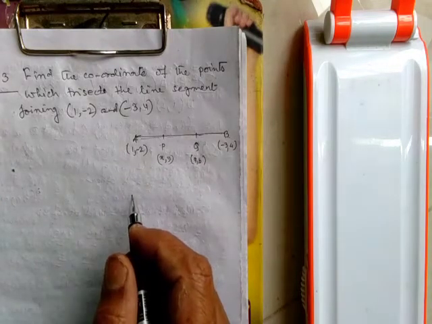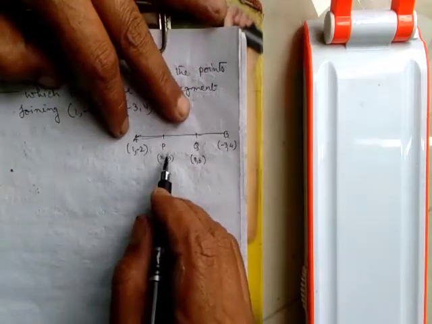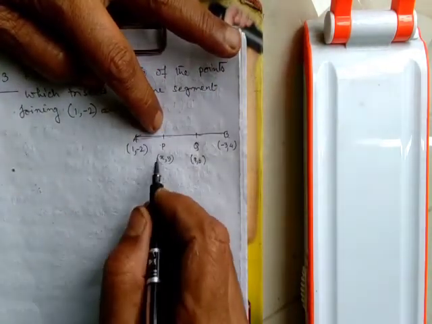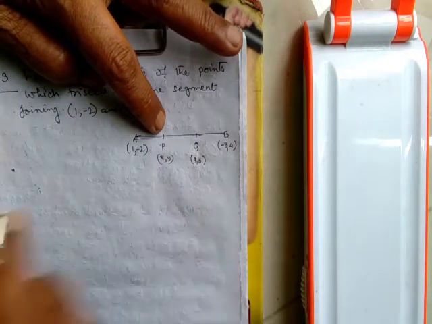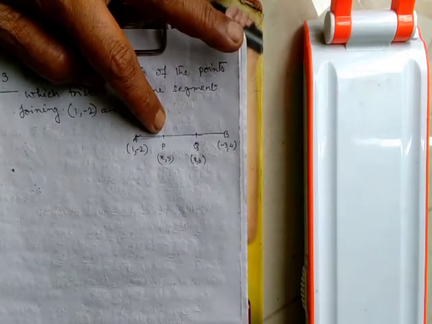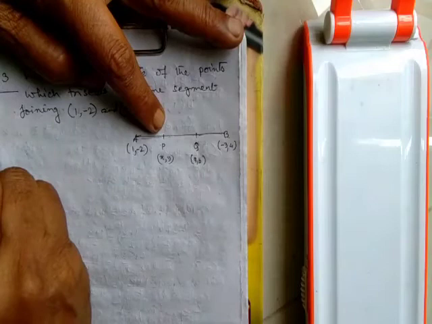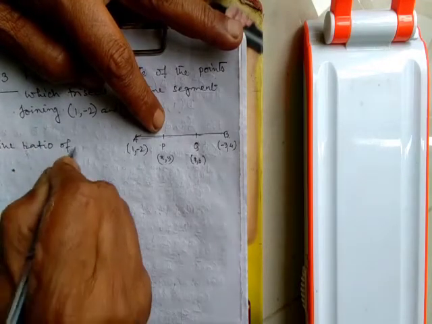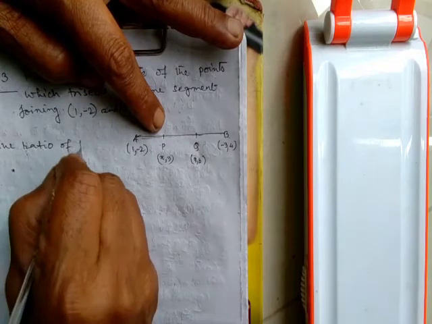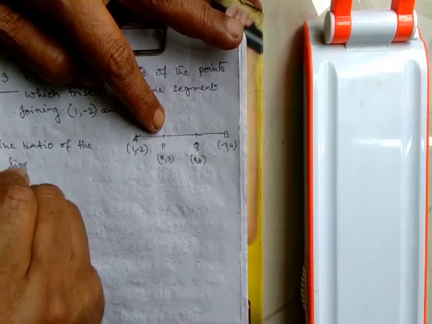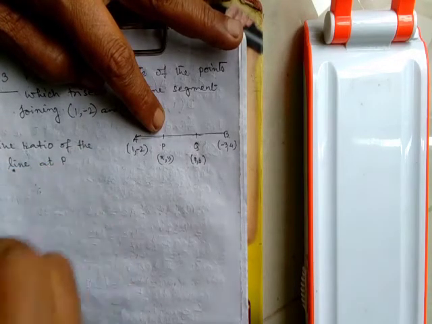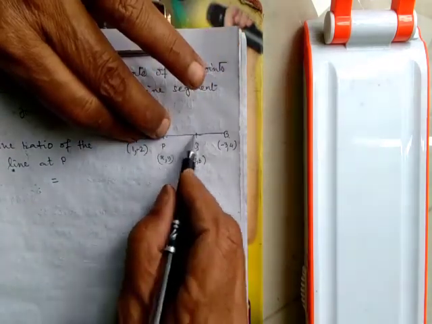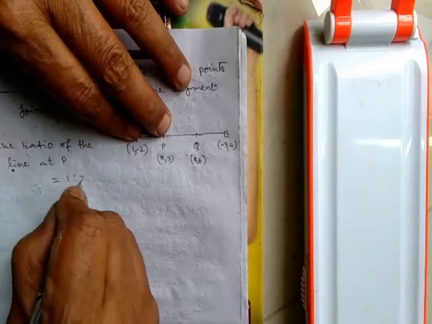Now the ratio of the line segment at P is equal to, this is one part and this is two parts, 1:2.